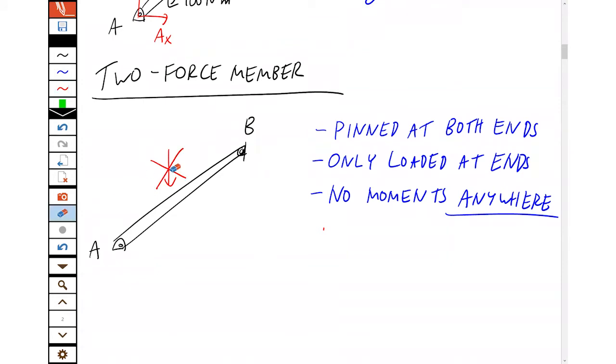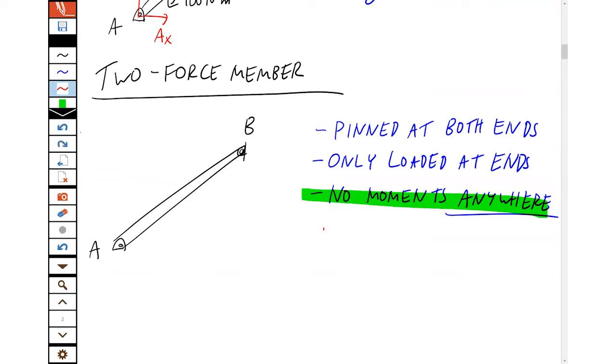If you have any extra forces, they're just at the ends. And there's no moments anywhere. You can't have a moment on the middle. You can't even have a moment at the end. So you just end up with this basic, simple strut between two pins. And if you want, you can have some extra loads acting at those pins.